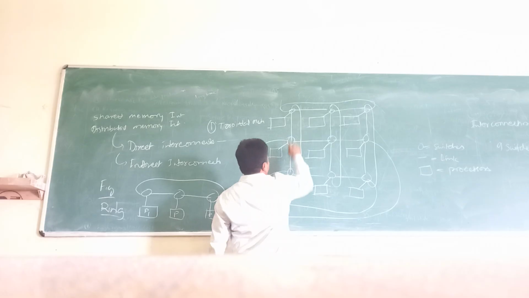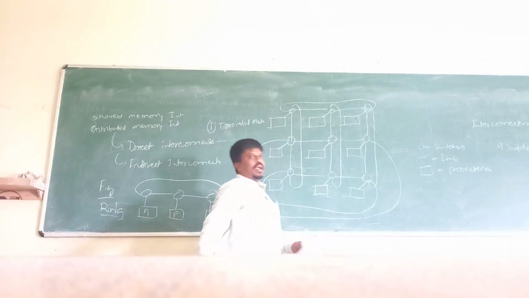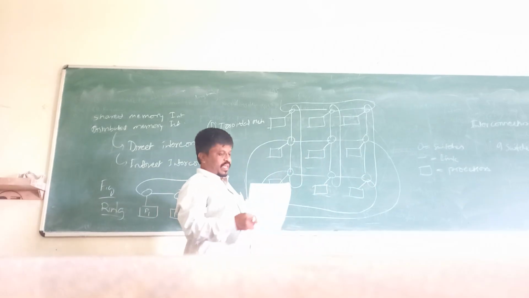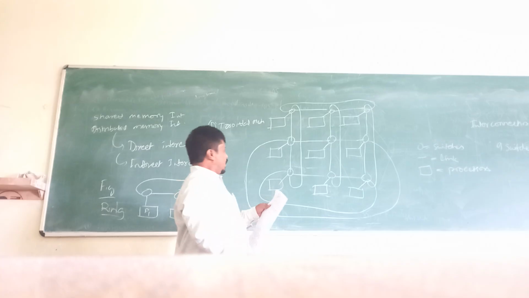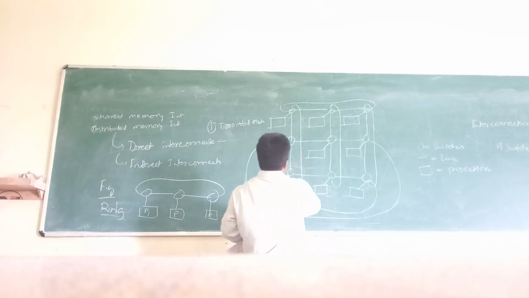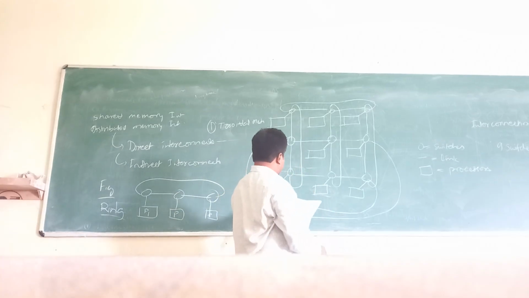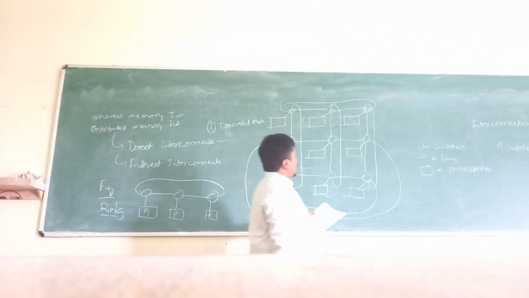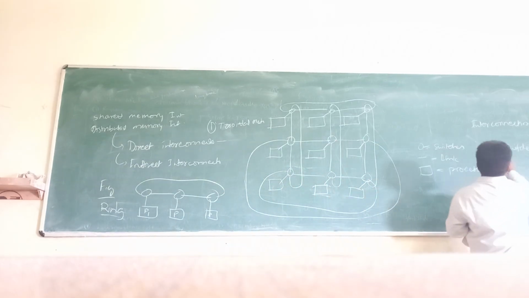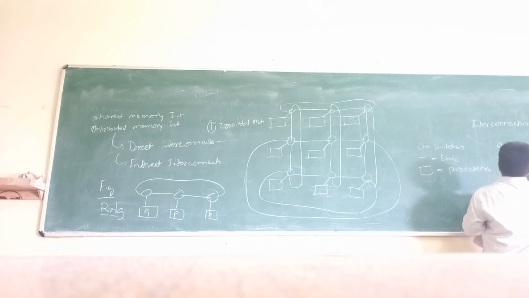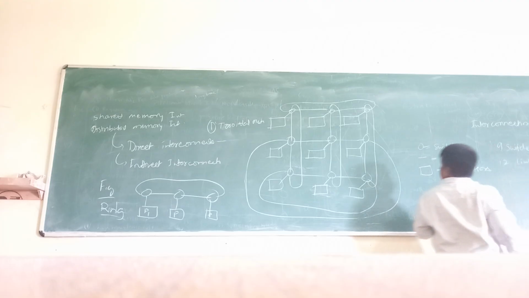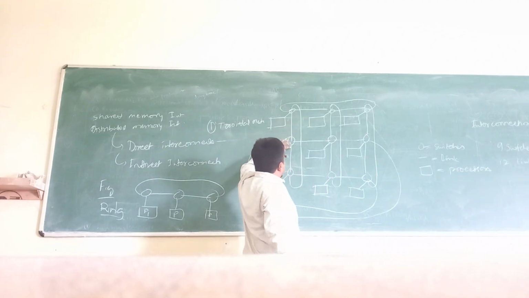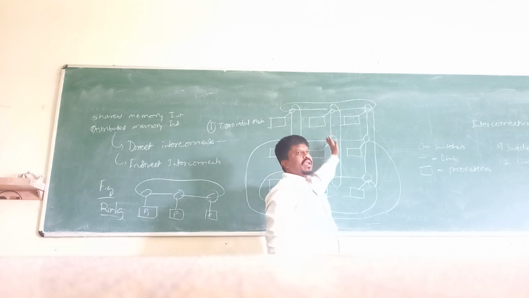1, 2, 3, 4, 5, 6, 7, 8, 9. In the 9 switches, I have 12 links. I am connecting the switches to one another with the help of the links.